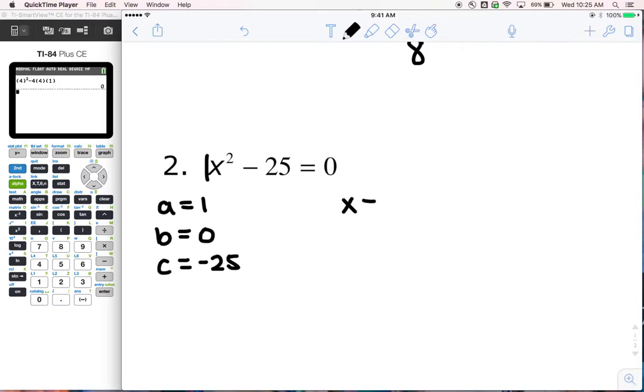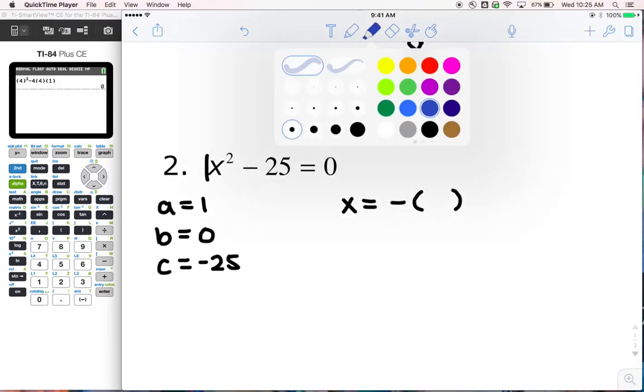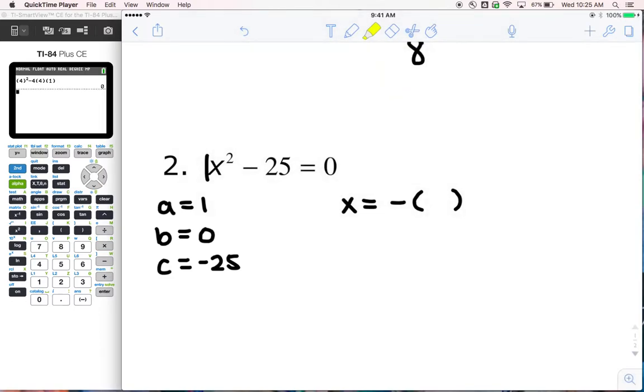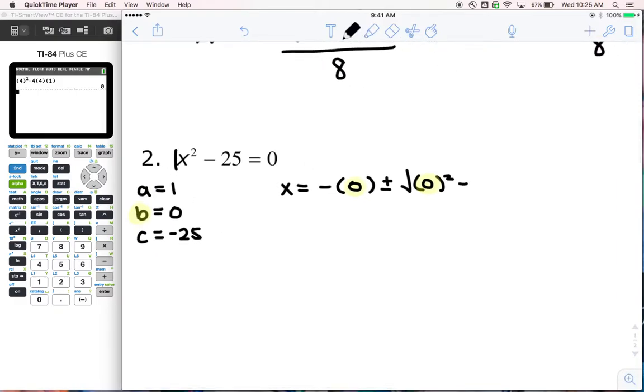Here we go. So x equals negative b. And so even though it's 0, I'm still going to use it because otherwise it'll be confusing. So negative b, right? So 0 in there. Plus or minus the square root of b squared. Okay, so we got another 0 squared here. And then we've got minus 4 times a.